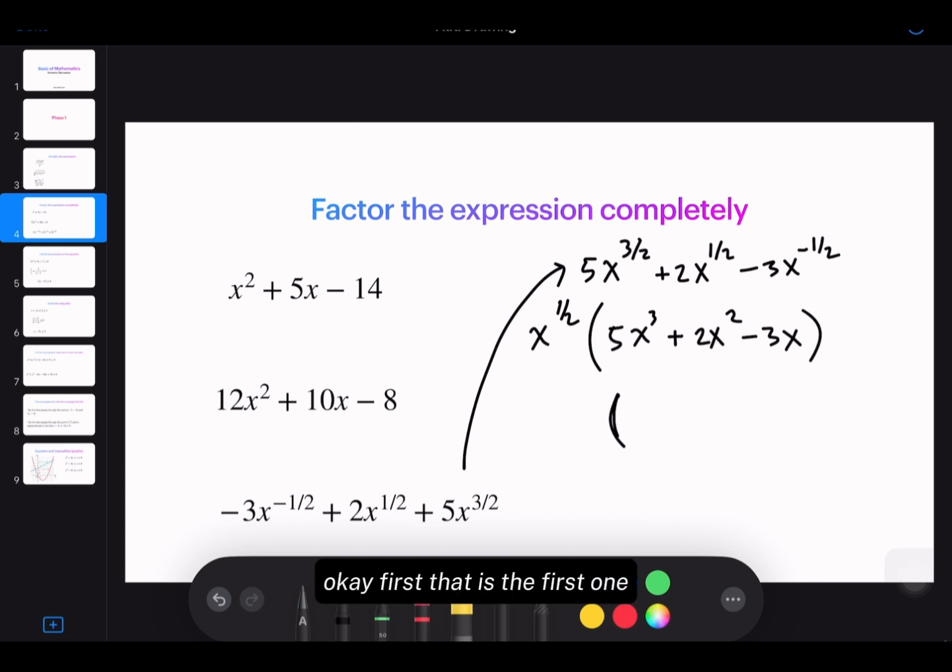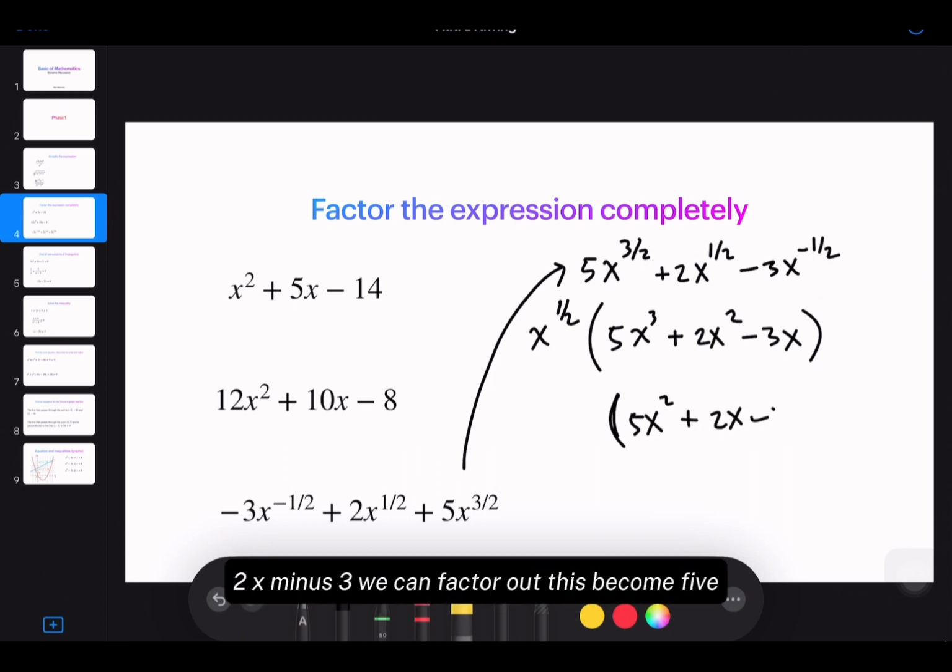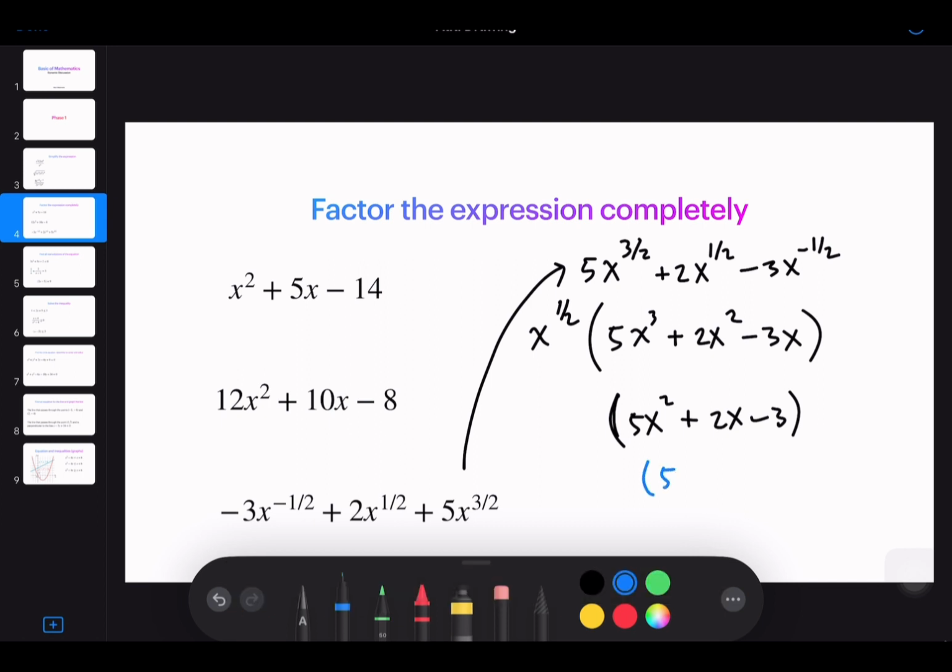First that is the first one. And then we take the one. So this will be 5x squared plus 2x minus 3. We can factor this to become 5x minus 3 and x plus 1, right?